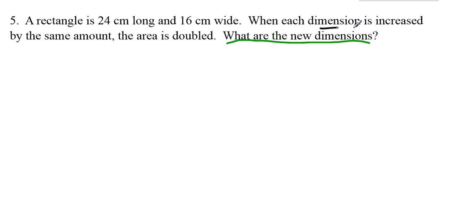We know that each dimension is increased by the same amount. In fact, the only thing we don't know is what that amount is. Are they going to be increased by 10 centimeters, by 100 centimeters? We know everything else. We know the original area, the original length, the original width, and so on. So the only unknown is right here. How much do I increase them by? So that's where our variable comes from.